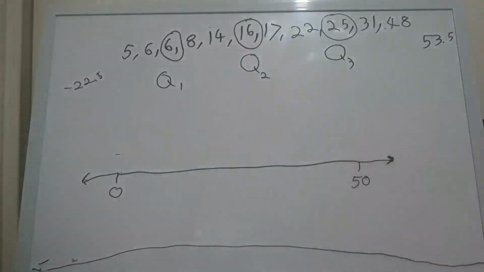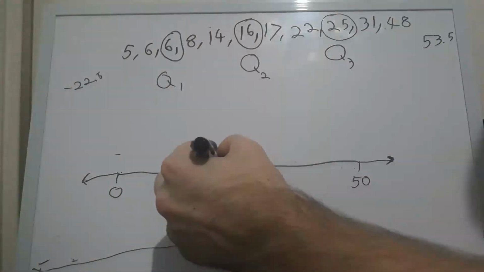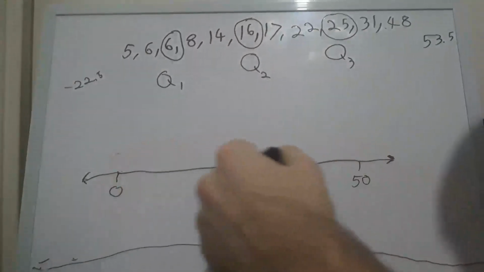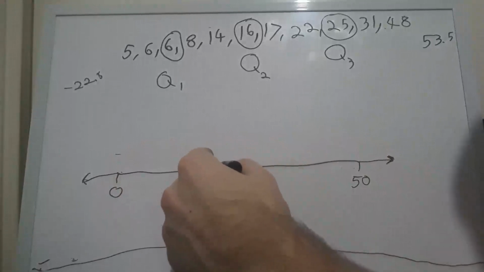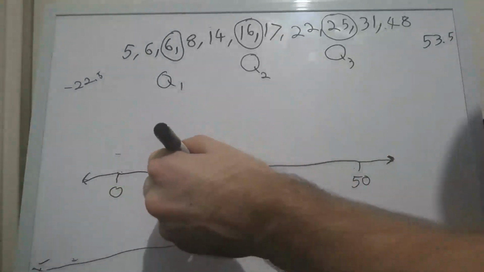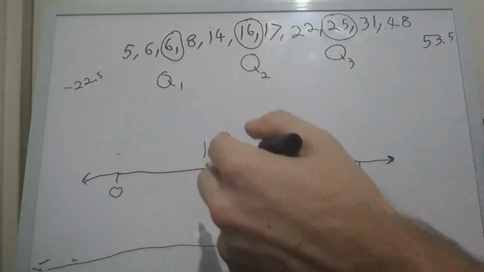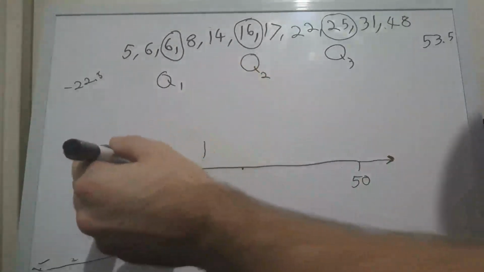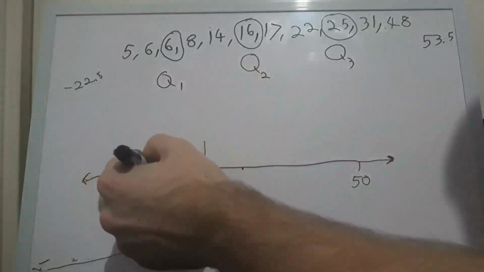Now, what is our median? Well, our median is also Q2, 16. So this is 0, 50, 25 might be somewhere here. 16, let's say it's around there. So say that's 16, and we'll draw a line for that there. Q1 is at 6, so if that's 16, yeah, I got the scale really wrong on this one.